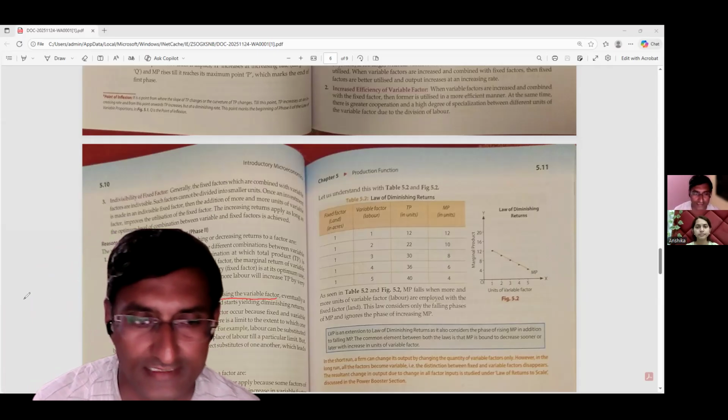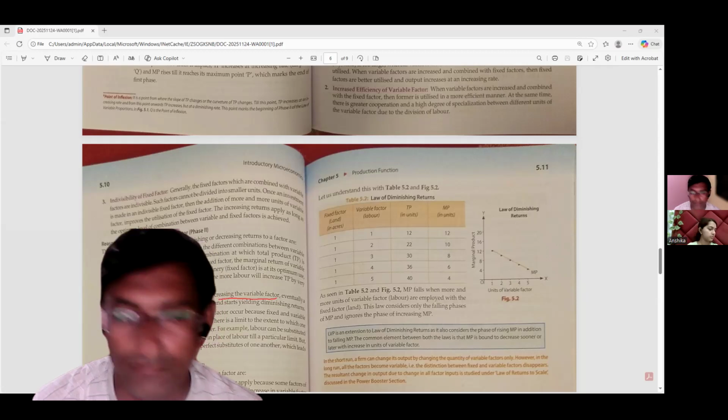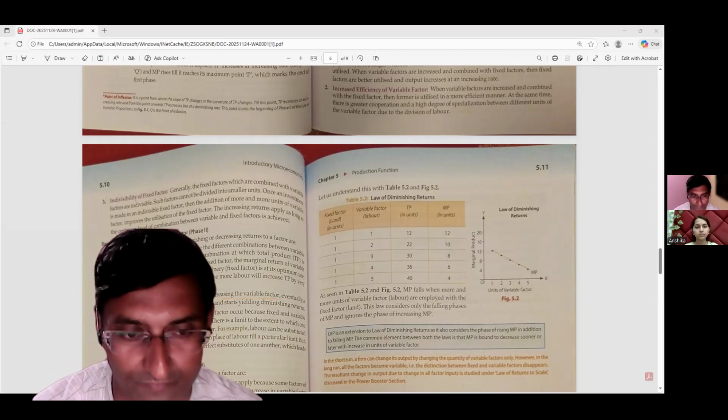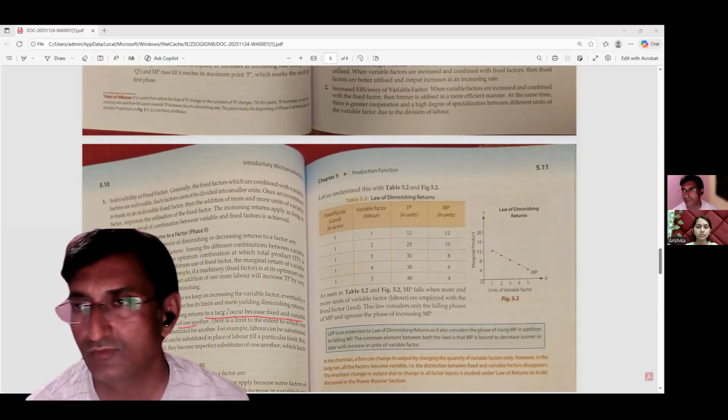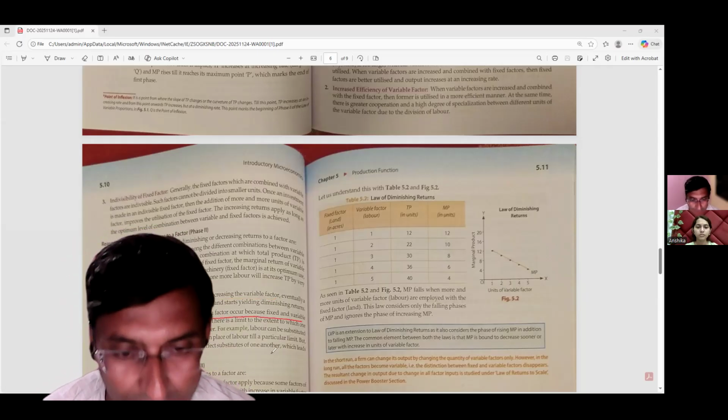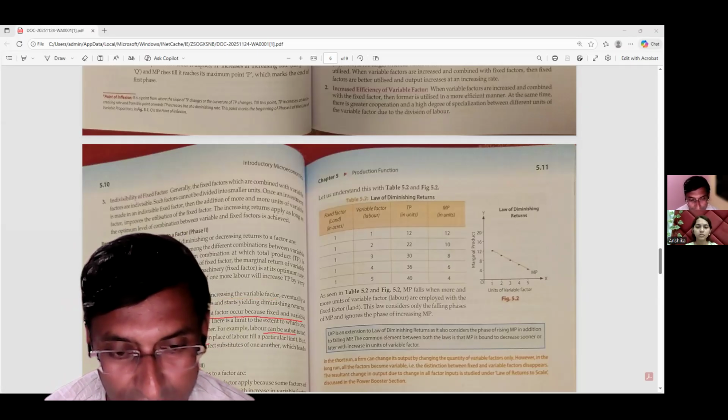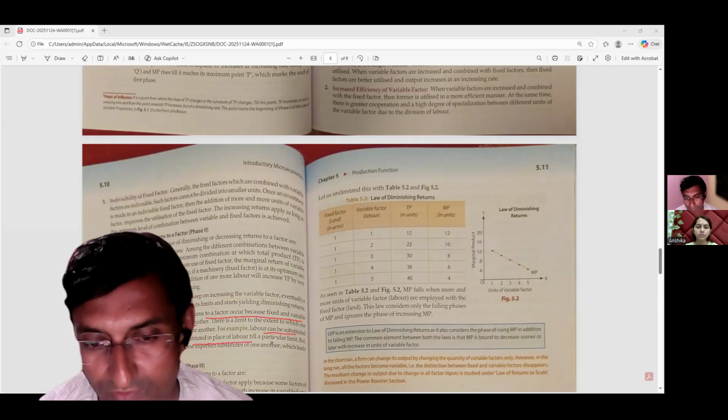Last but not the least, that is called imperfect substitute. Diminishing returns to a factor occur because fixed and variable factors are imperfect substitutes of one another. Both are imperfect. Let's see how. Labor can be substituted in place of capital, or capital in place of labor, till a particular limit.